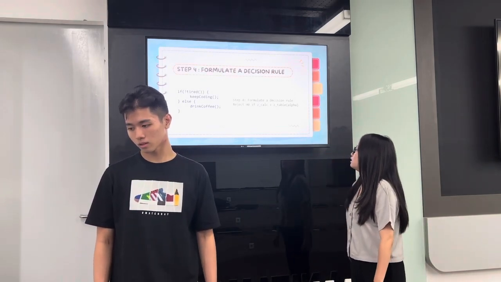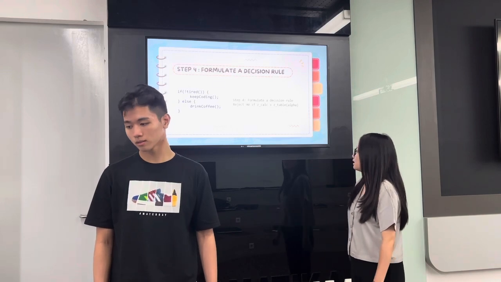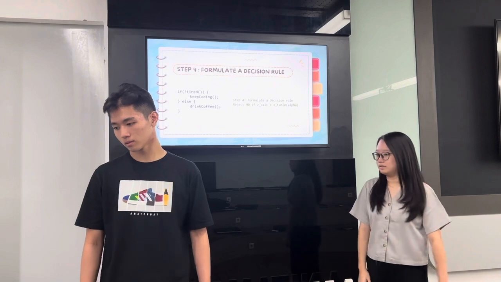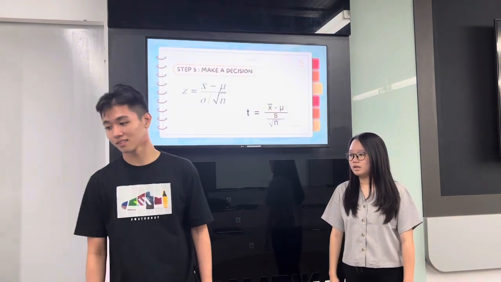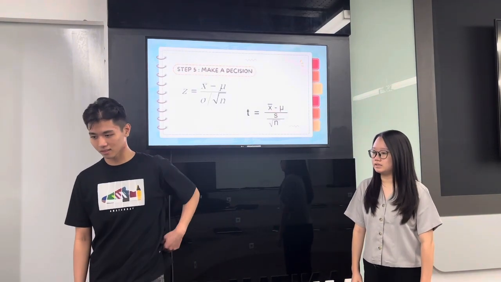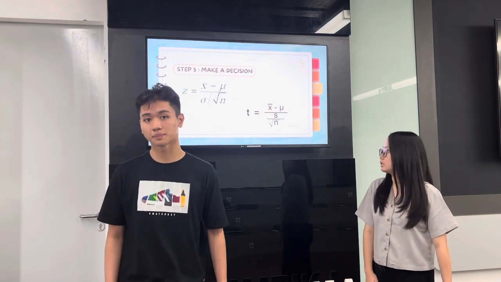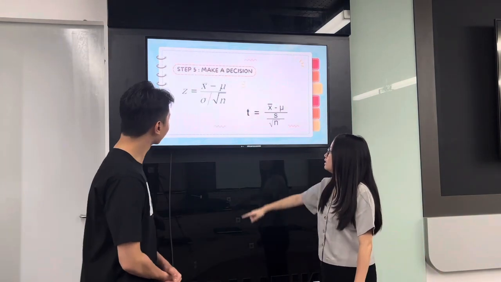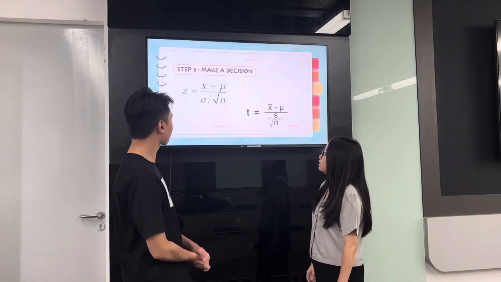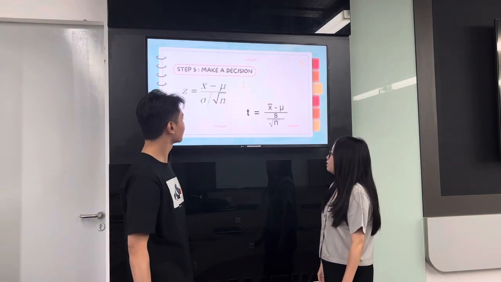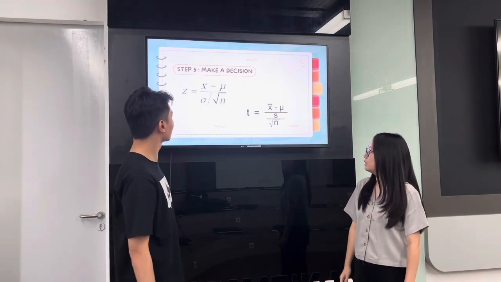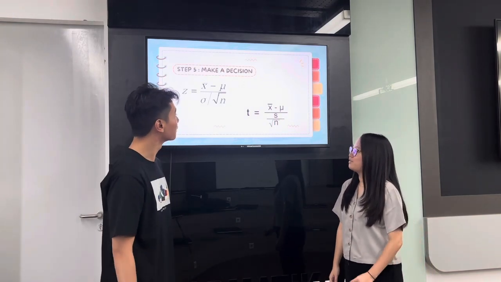Reject the null hypothesis if Z calculated is greater than Z table. And step 5 is make a decision. So we have to calculate with this formula: Z equals X bar minus mu, divided by the population standard deviation divided by the square root of n.